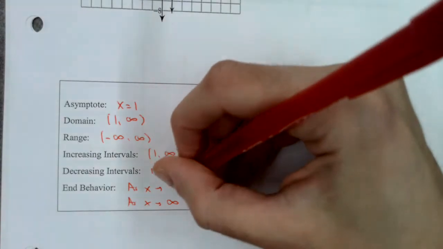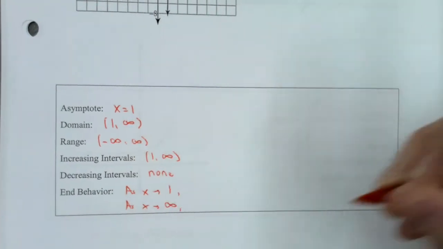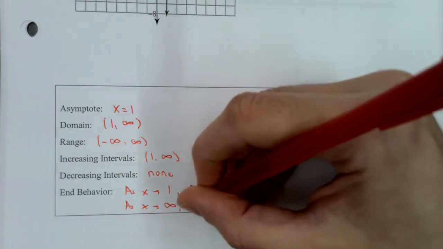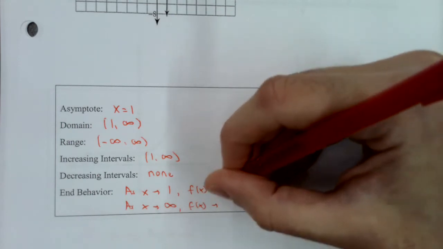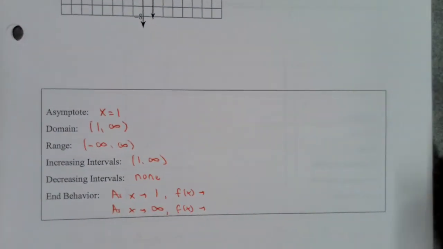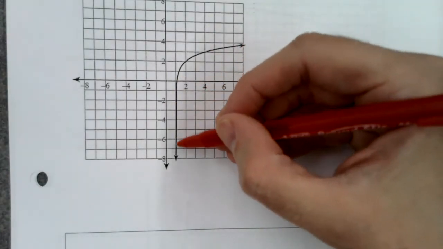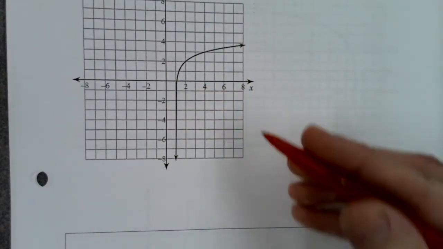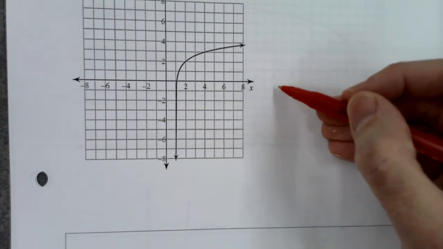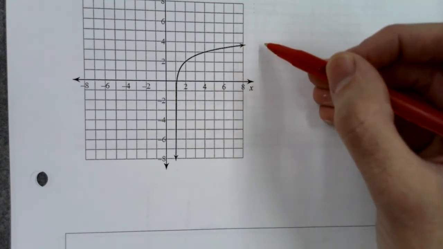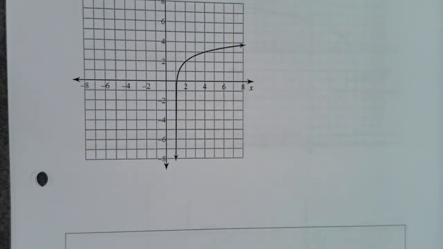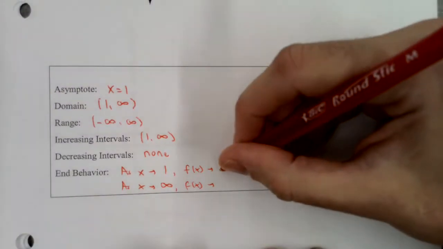So as x approaches 1, and as x approaches infinity. As x approaches 1, the graph is approaching negative infinity. And as x approaches infinity, the graph is going to keep going up forever and approach infinity. So those will be my 2 end behaviors.